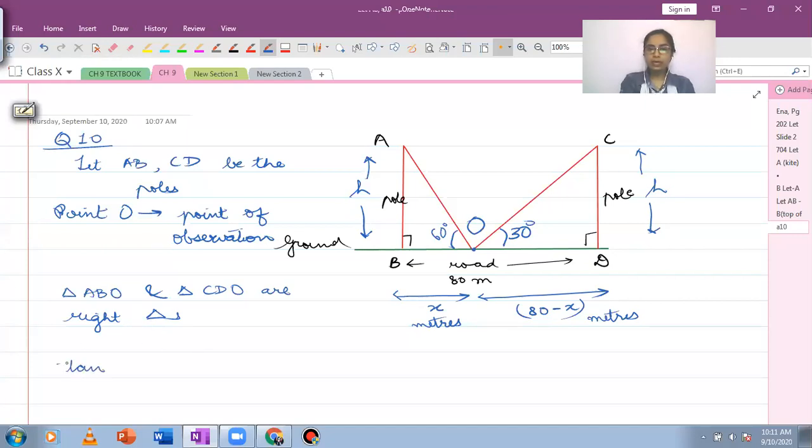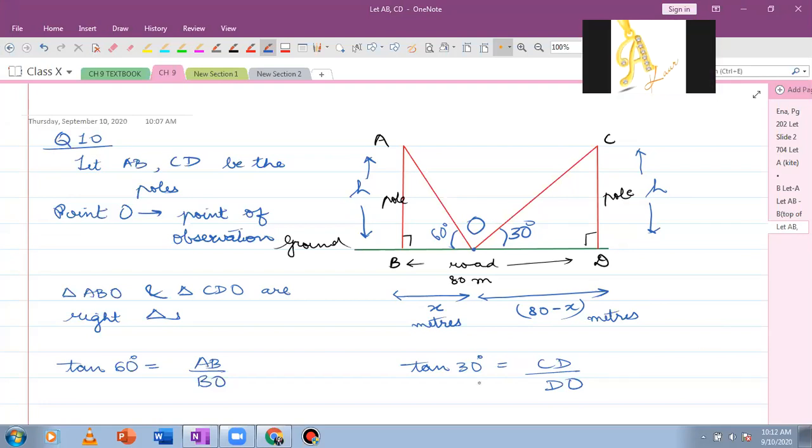So I'm going to apply tan 60 degrees in the first triangle. That will give me AB upon BO, and in the second triangle I will have tan 30 degrees. This will be equal to CD upon DO. Thank you, Sahaj. Okay, now just use the values and try to solve this.